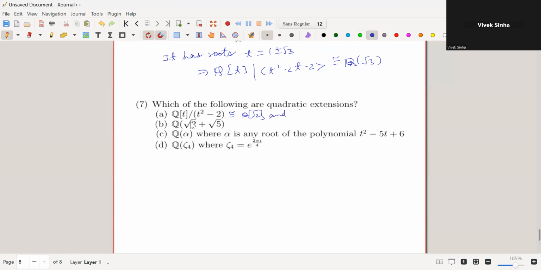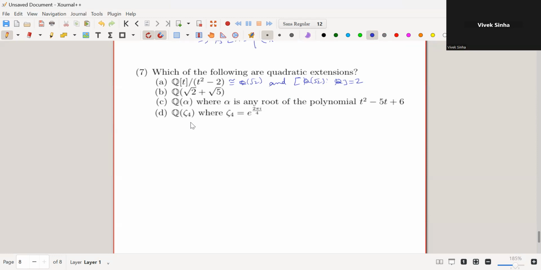I should not use square brackets. So this is isomorphic to Q(root 2), and the degree of Q(root 2) over Q is 2, because the given polynomial is irreducible over Q. You can just use the Eisenstein criterion and that's it. Other way to see is root 2 is not inside Q and it satisfies a polynomial of degree 2. So the degree has to be 2.